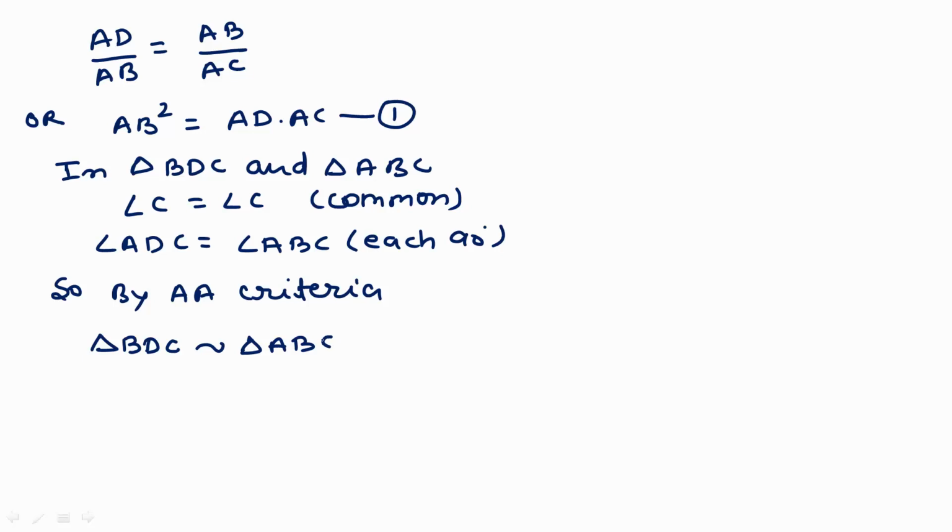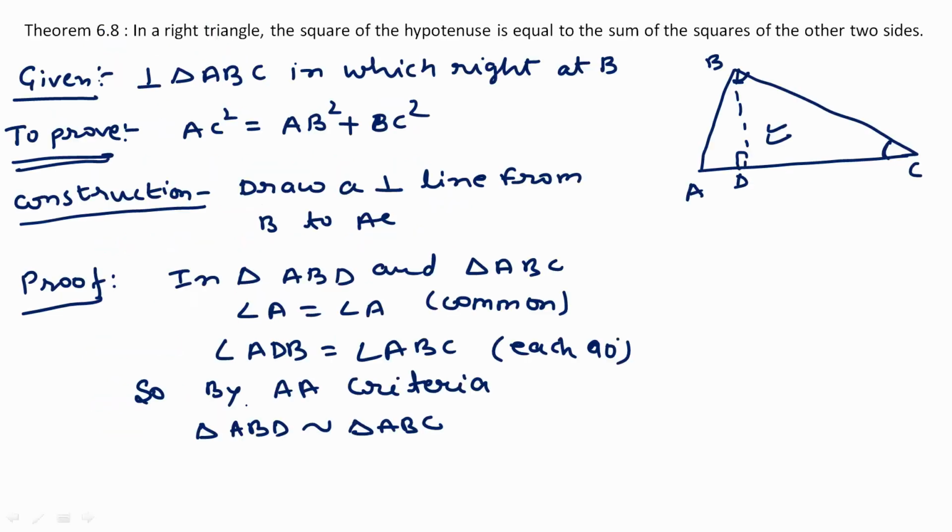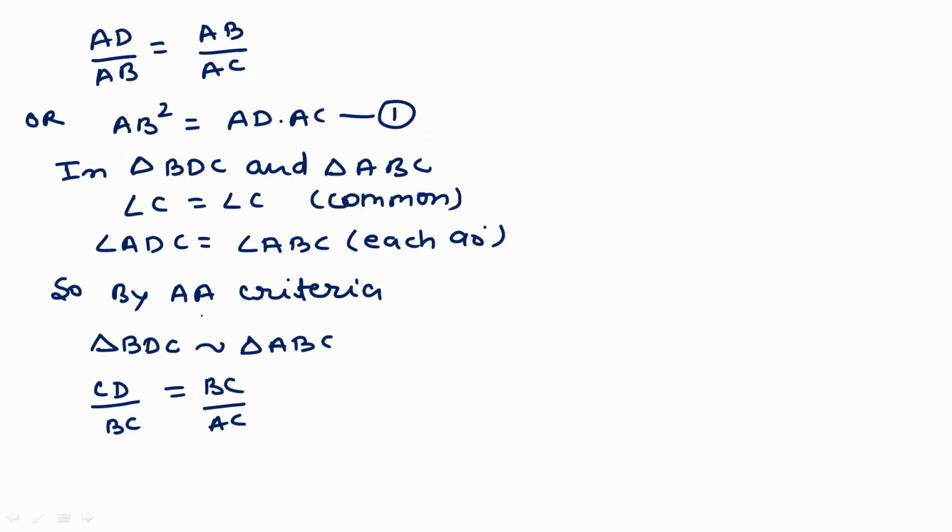Then sides are proportional, that is CD upon BC is equal to BC upon AC, or BC square is equal to CD into AC.